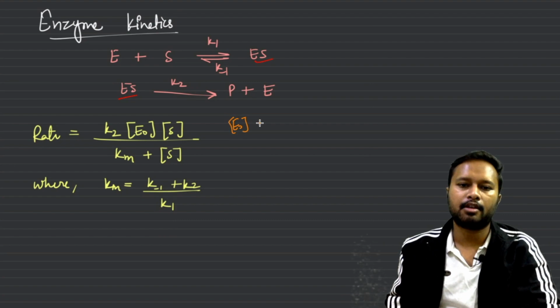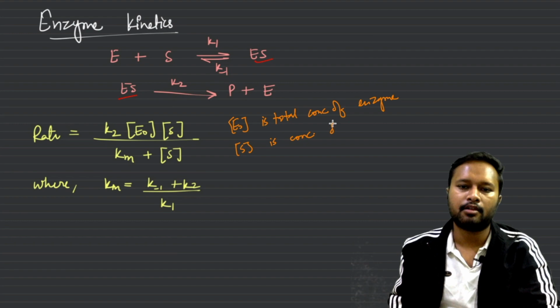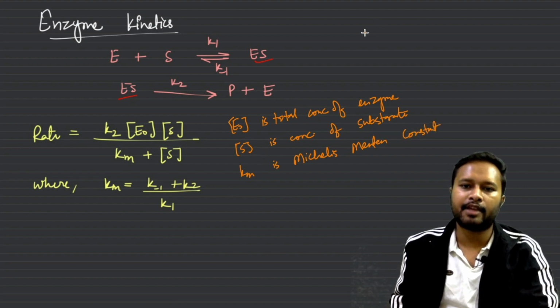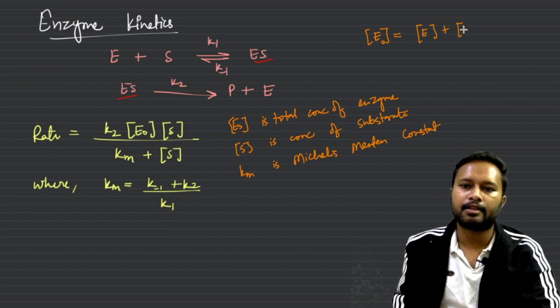Your E0 is the total concentration of enzyme in the reaction, S is the concentration of substrate, and Km is the Michaelis Menten constant. All right, now you should also know that E0 is basically equal to E plus ES.